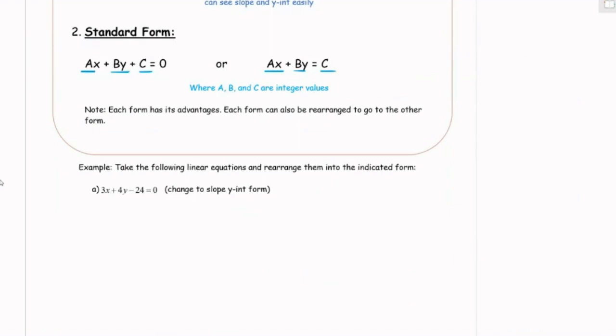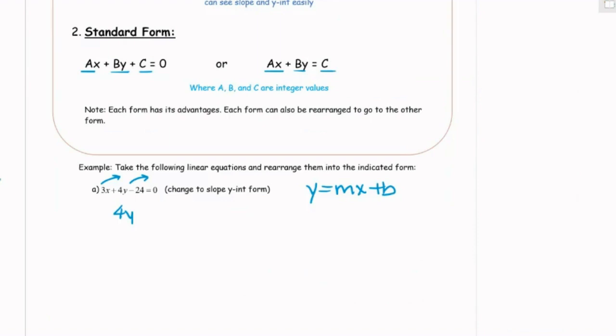Okay, so take the following linear equations and rearrange them into the indicated form. Right now we are in standard form with a as 3, b as 4, and c as negative 24. We want to change this into slope y-intercept form. That means y equals mx plus b, and in order to do that, our y has to be isolated. So we'll start by taking the negative 24 and the 3x to the other side of the equal sign.